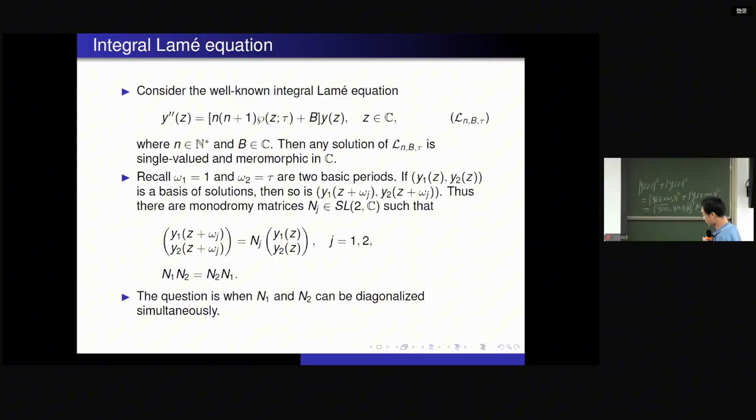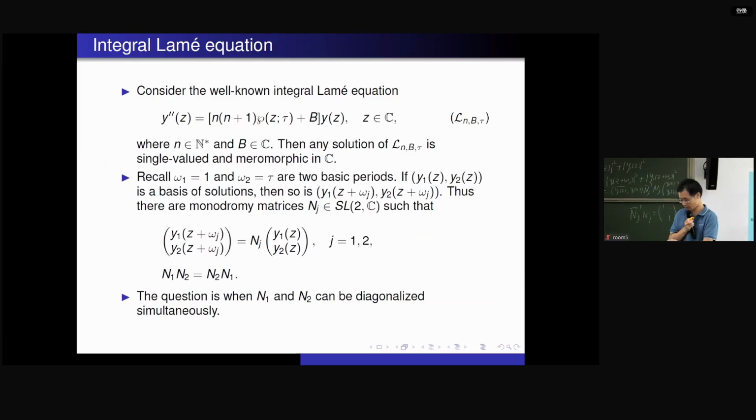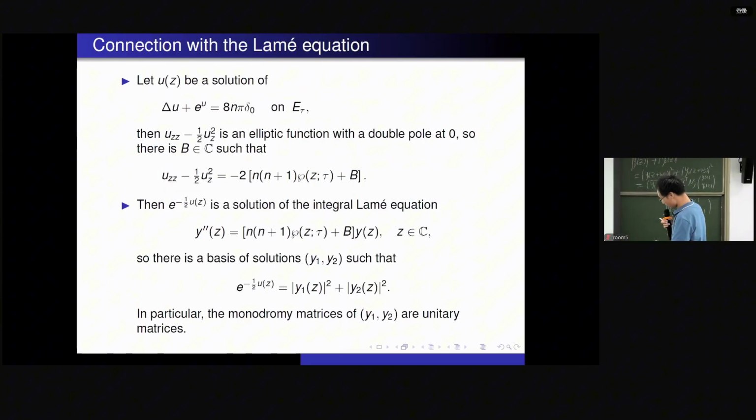Using this, this relation tells us the matrix satisfies this condition. So N_j are unitary matrices. That is why, if U is a solution of this PDE, then you get a B such that the monodromy matrices of this Lamé equation are all unitary matrices. So this is the connection.